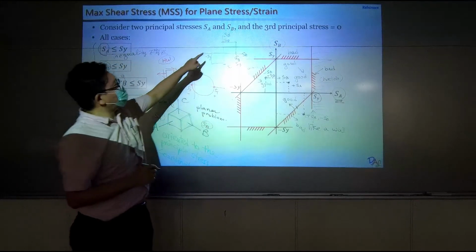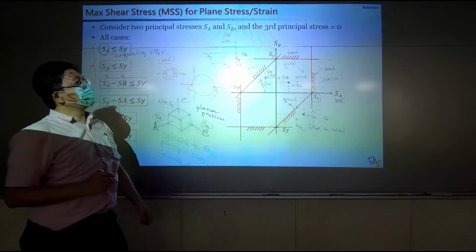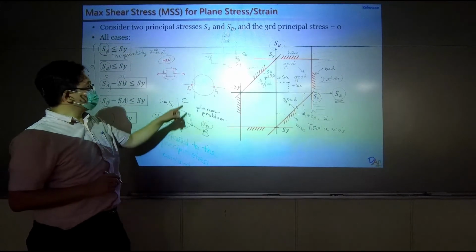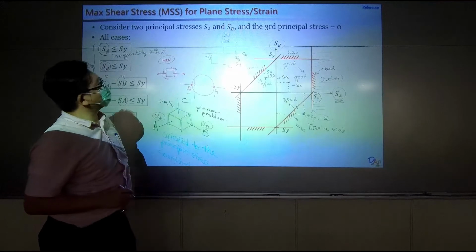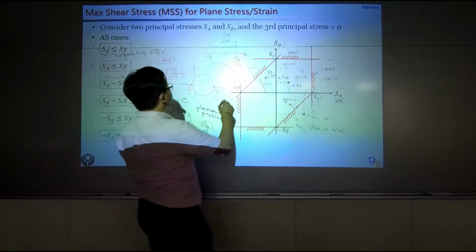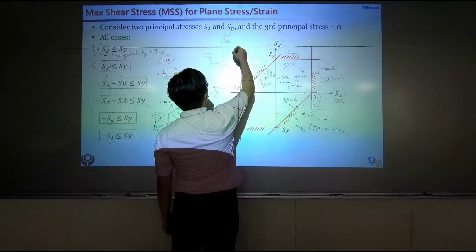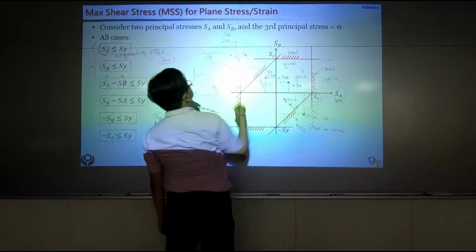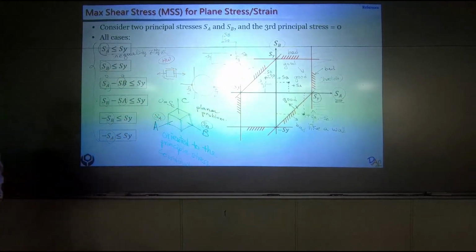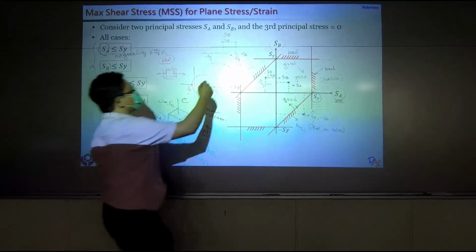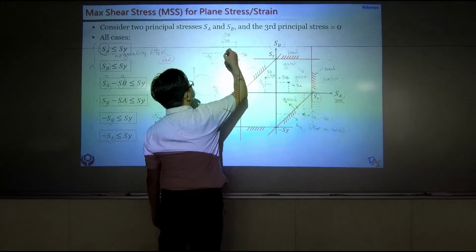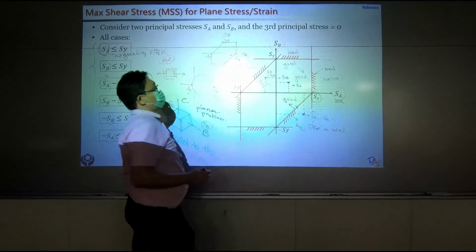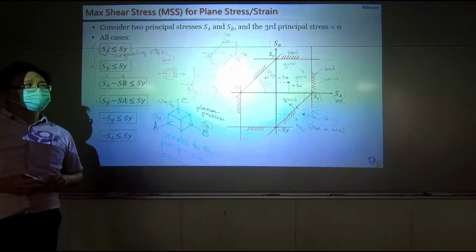So if you plug these two numbers into this maximum shear stress model, it will be somewhere positive and negative, maybe somewhere here. As long as that point is within this region, then it satisfies the maximum stress model.